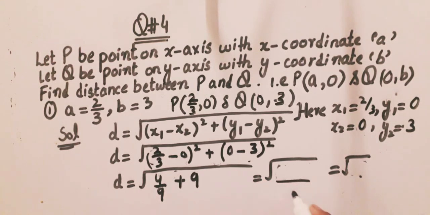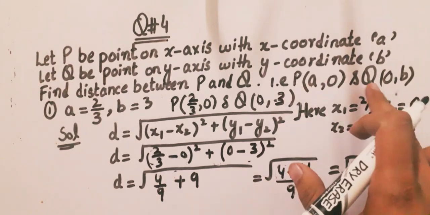So by taking LCM, we will have 4 plus 81. So we have 85 by 9. So this is the value of the distance between point P and point Q.